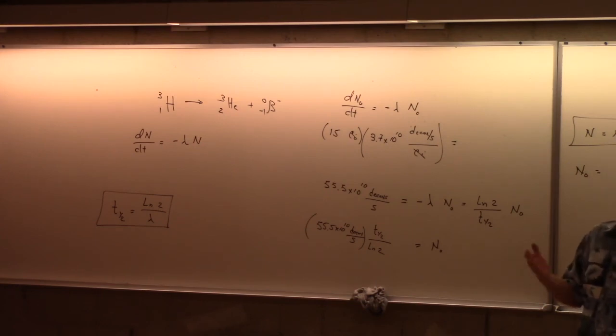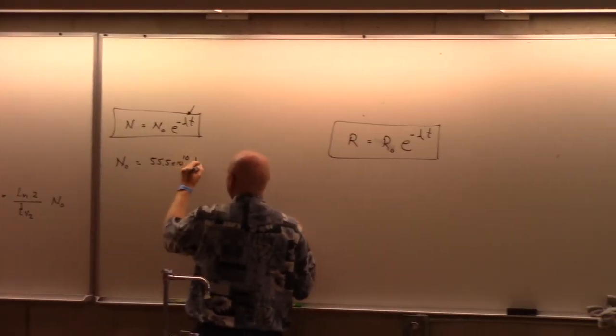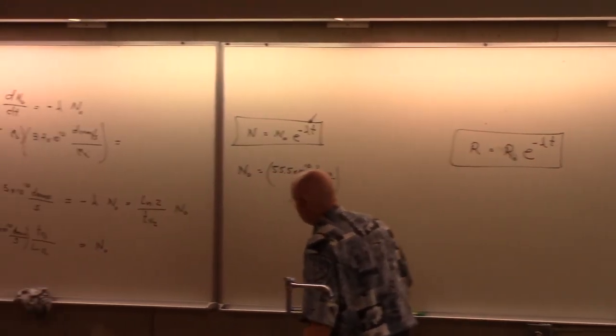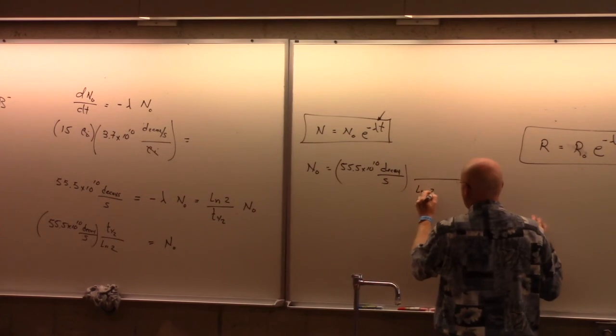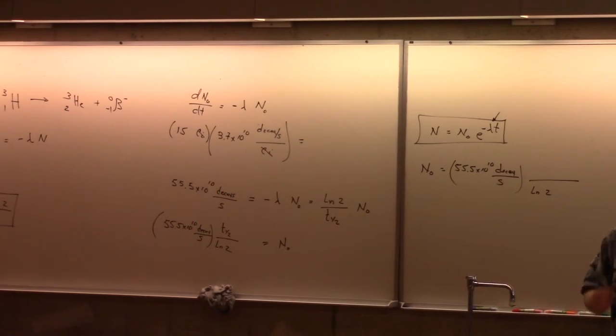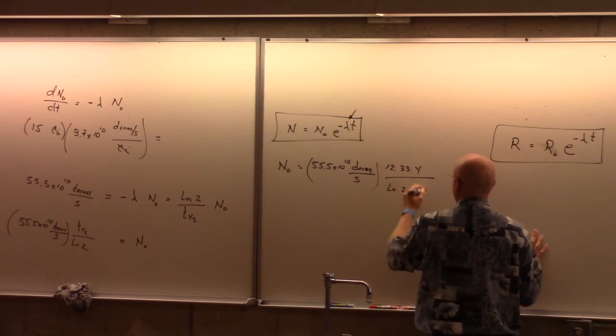So let me continue this calculation over here. The other thing I need to know, and as I said in the reading they talk about these half-lives, to save a little time I'll just look it up. I think it was 12.3 years. So this would be 5.50 times 10 to the 10th decays, or number, per second. I'll put natural log of 2 down in the bottom. The half-life, as I just said, is 12.33 years.